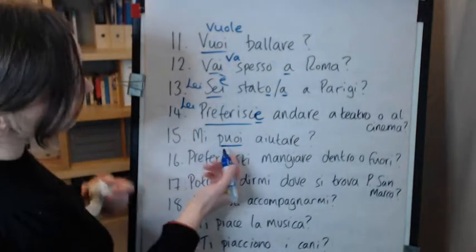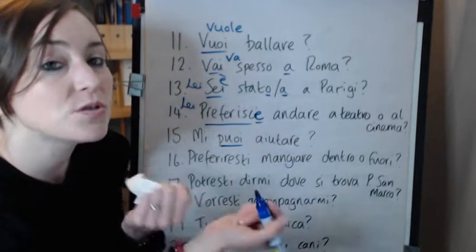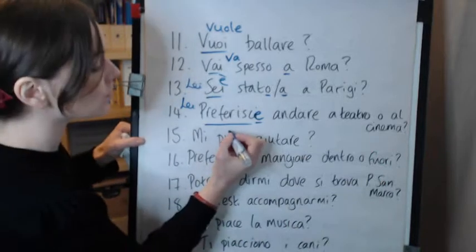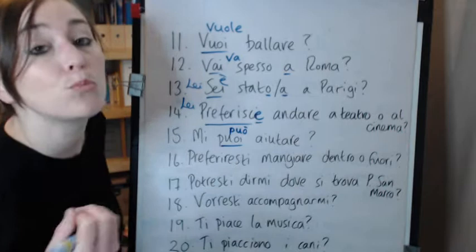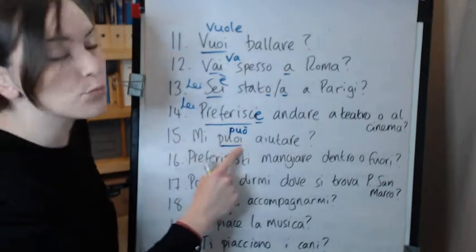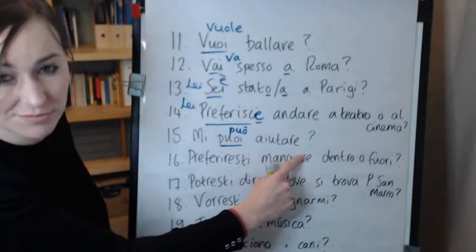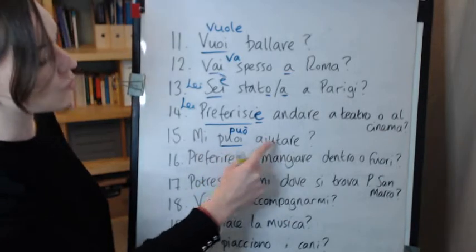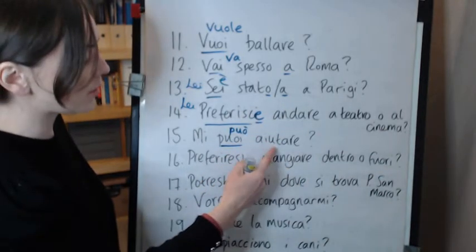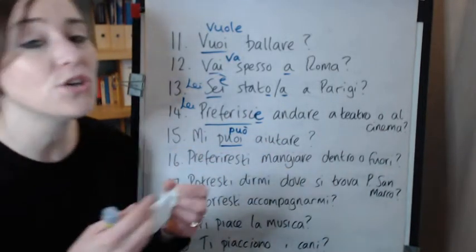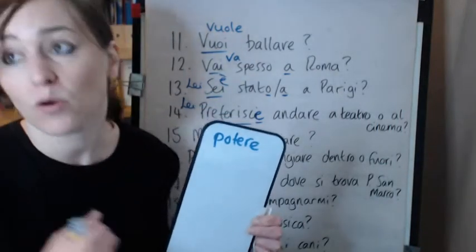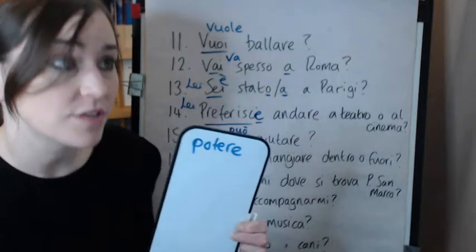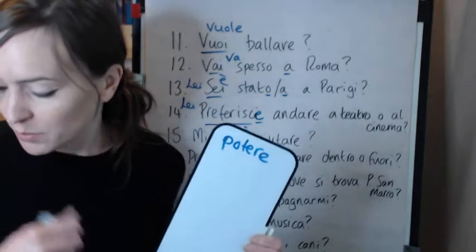So, we're changing puoi, which means you can, or can you, to the third person, lei form. Può. Mi può aiutare. Can you, lei, help me? When you have the verb potere, or volere, or sapere, or dovere, or what was the other one?